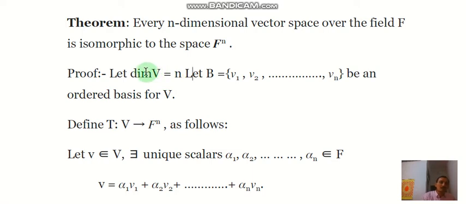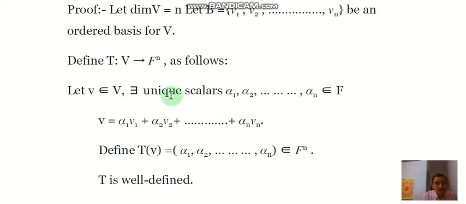Let dimension V equal n and let B = {v1, v2, ..., vn} be an ordered basis for V. Then define T from V to Fn as follows. So we have to define a suitable mapping.